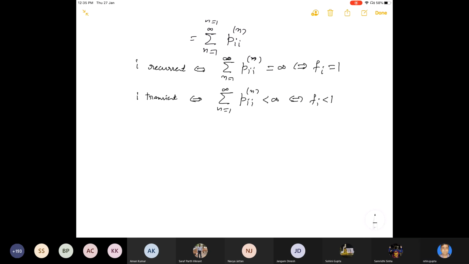Okay, now if I is recurrent, we define M_i as the mean recurrence time, which is the summation of n F_in. This is called the mean recurrence time.